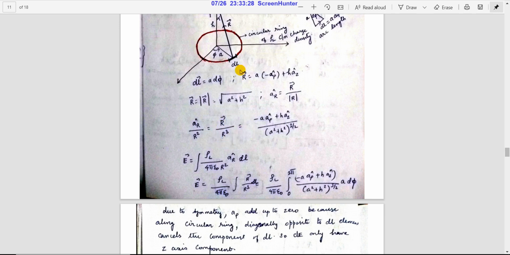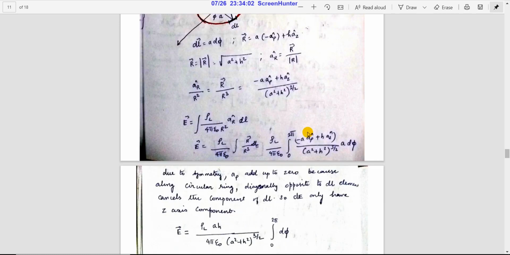We already know the r vector, and we already know the magnitude of r, which is root of a square plus h square. We can write this as a square plus h square to the power 1 by 2, and with the cube of r we can write a square plus h square to the power 3 by 2.